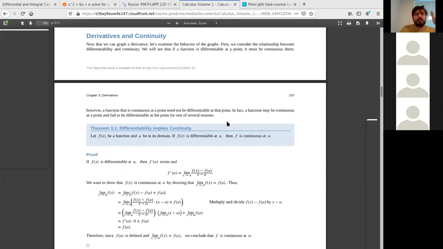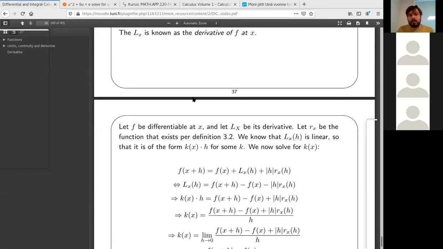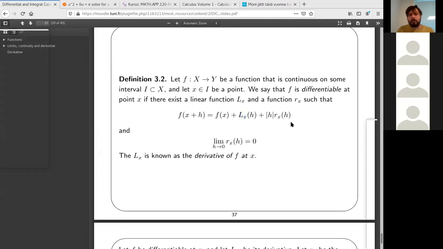What is the connection here? So I mentioned here the definition. Let f be a function that is continuous on some interval and so on. Well, I assumed already that it is continuous on some interval that contains this point at which we say that it's differentiable. So really, by definition, if a function is differentiable, it has to be continuous.